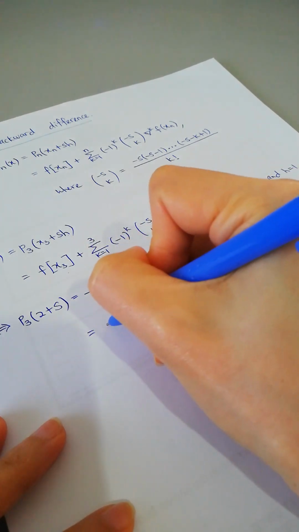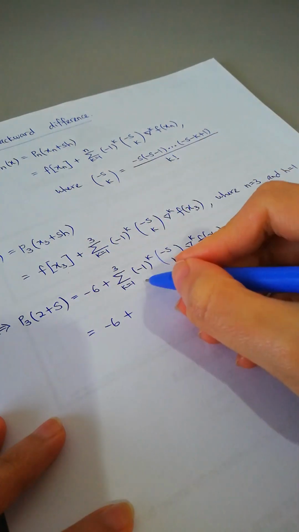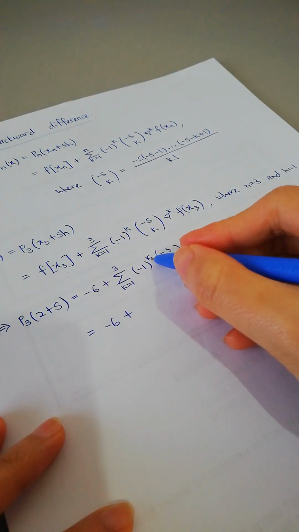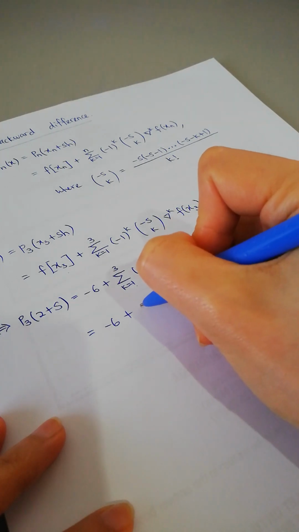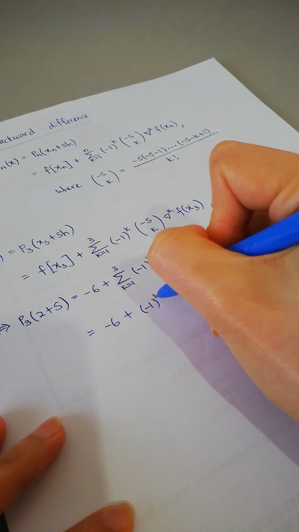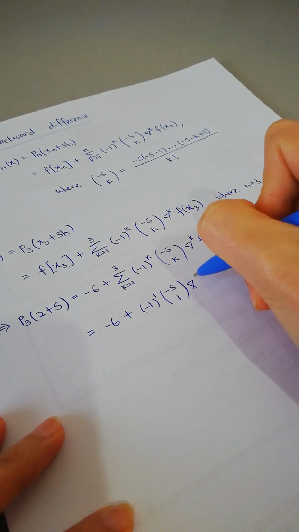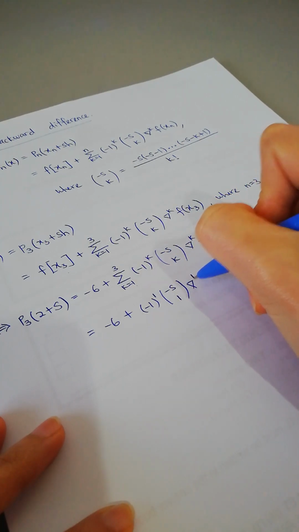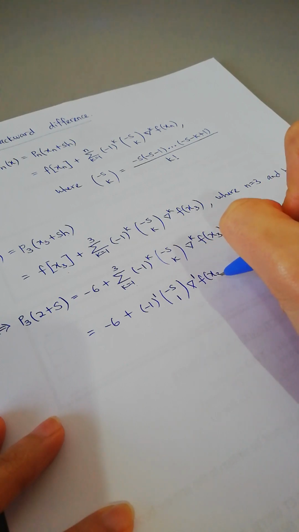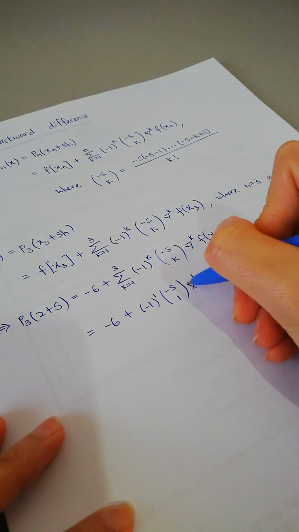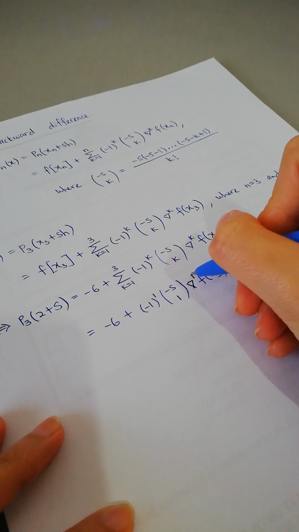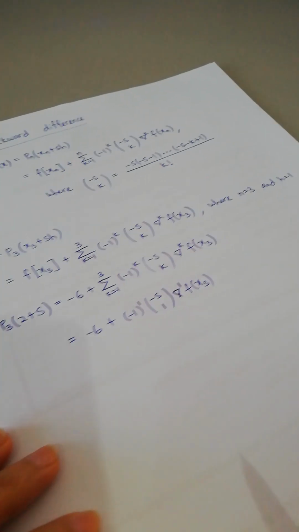So we have negative 6 plus, when k equal to 1, I'm going to write it down: (-1)^1 times (-s choose 1) times the first difference at x3. You do not need to write the 1, so you can just delete it.